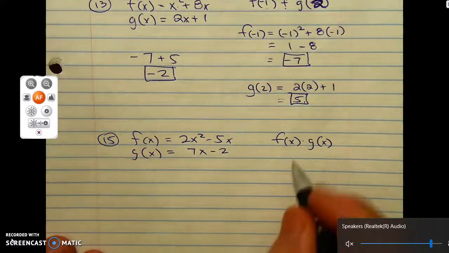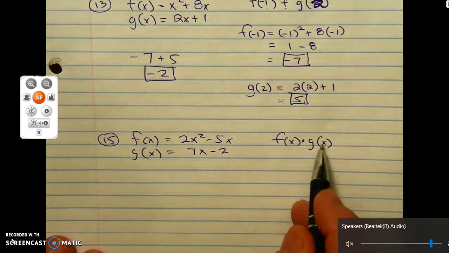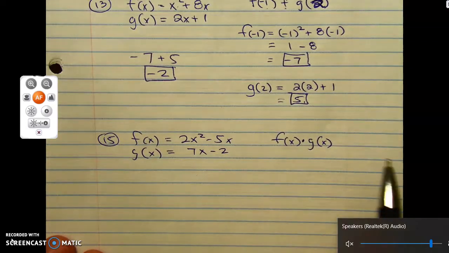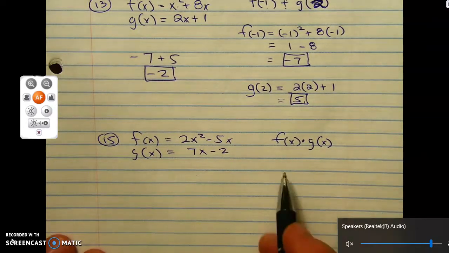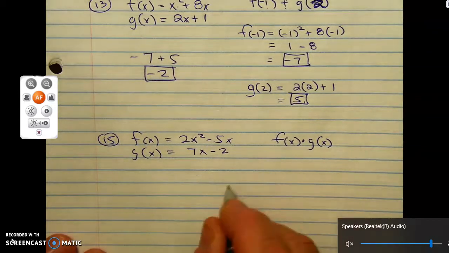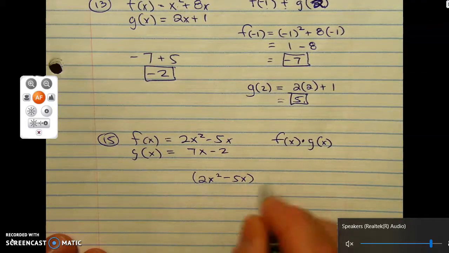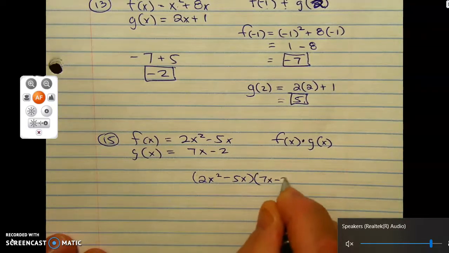Notice here it wants us to multiply f of x times g of x, but we don't have numbers right here, so our answer is not going to be a number, it's just going to be a new equation. Okay, so let's just multiply 2x squared minus 5x times 7x minus 2.